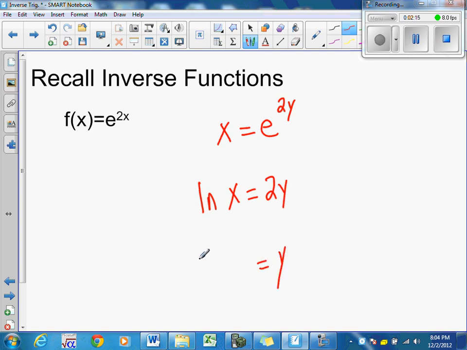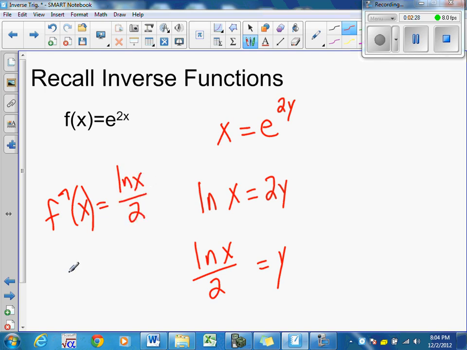So when I solve for y, I get the natural log of x over 2. So my inverse function is the natural log of x over 2. So to do this, we needed this step here to go to logarithms to help us out.